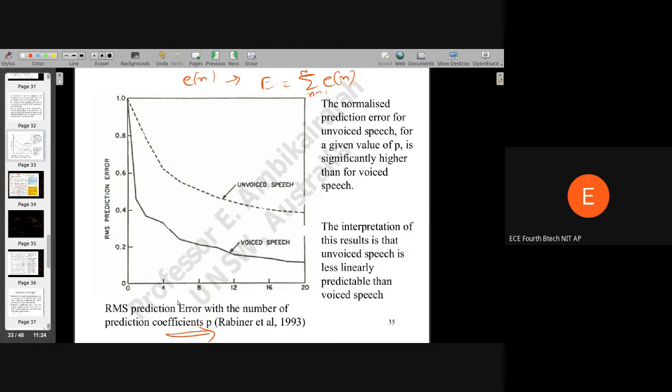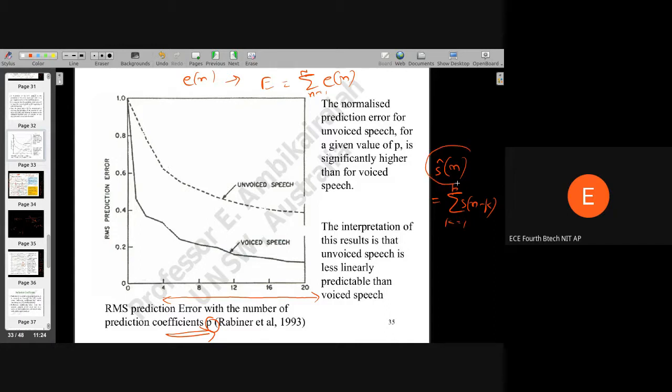It does not mean you will get the correct vocal tract resonance structure, but what does this mean? As p increases, you are estimating the signal with a larger number of previous samples.